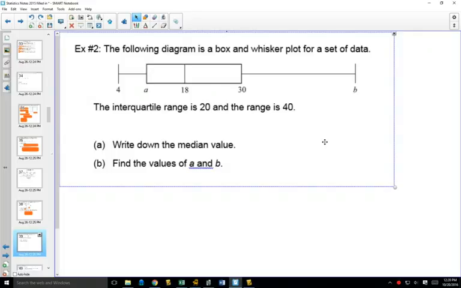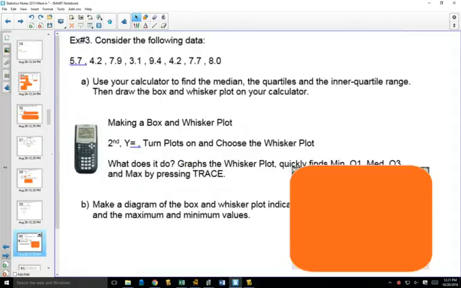All right, how did you do? Did you find out that the median was 18? The value of A is 10, and the value of B is 44. So next thing we're going to look at is how do we put this data into our calculator.